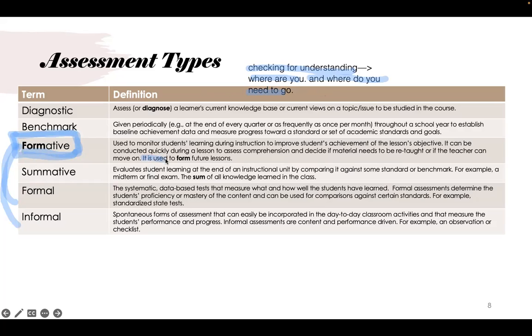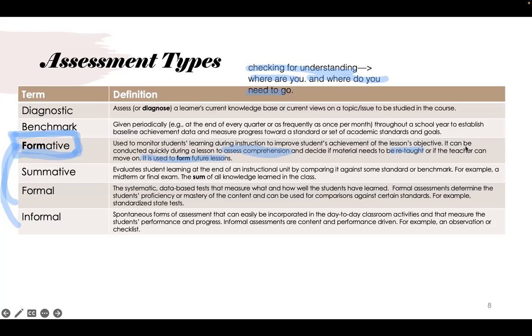They are used to form future lessons. We assess comprehension. We decide if material needs to be retaught, if we can move on, if clarification is needed. Formative forms or drives future lessons.